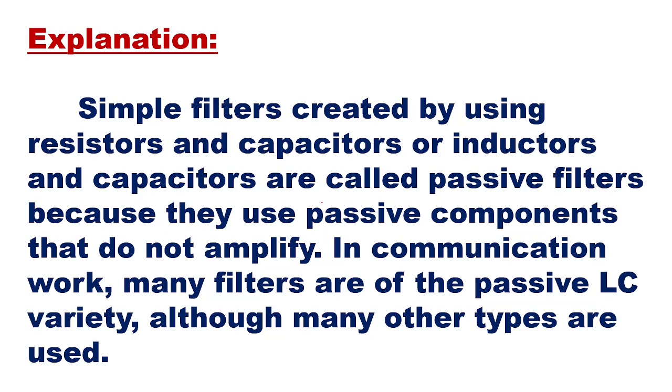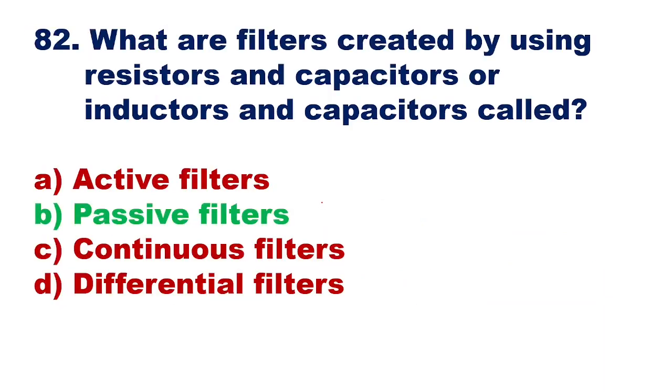In our communication work, many filters are of the passive LC variety, although many other types are also used. So option B is the right answer. The filters which are created by resistors, capacitors, and inductors are called passive filters.